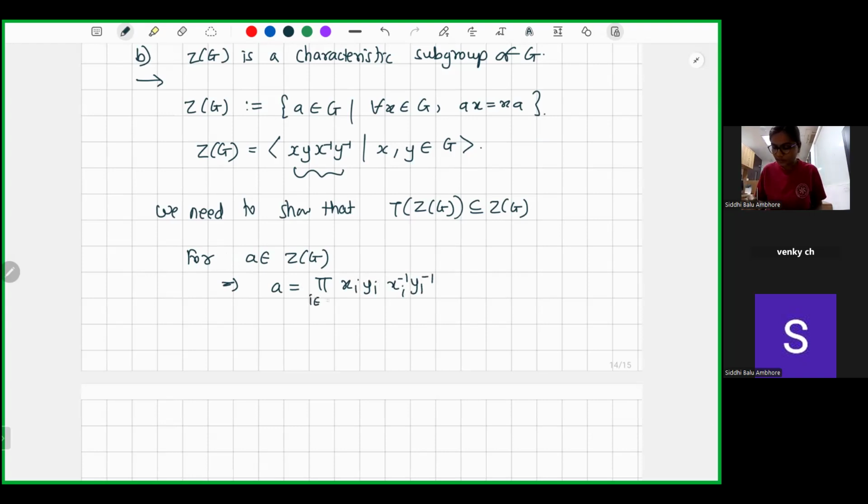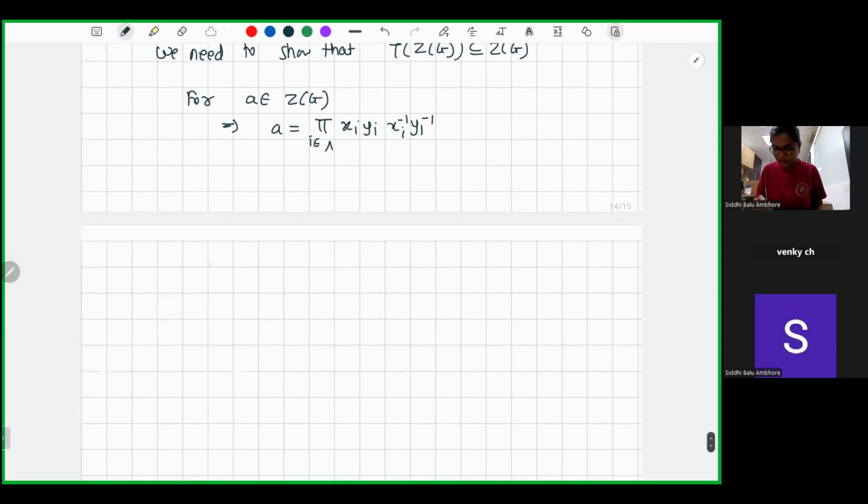And i belongs to some lambda, doesn't matter. Then this T of A will be this product over i of Xi, Yi, Xi inverse, Yi inverse.